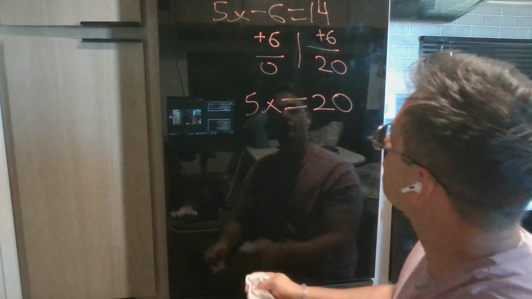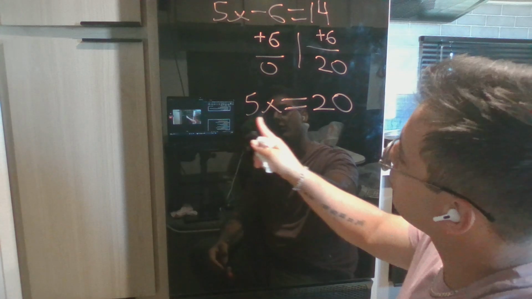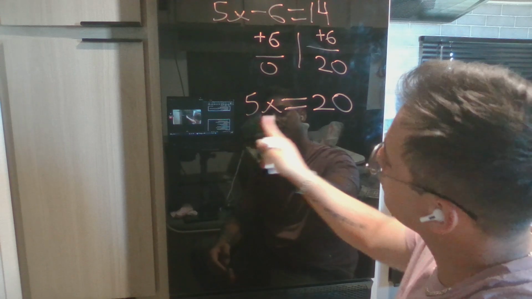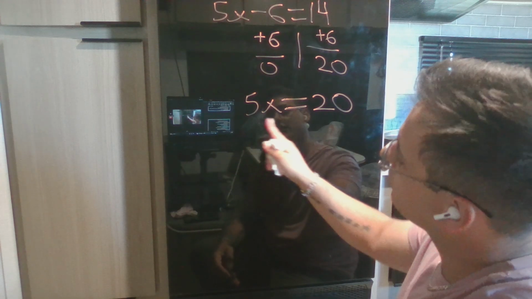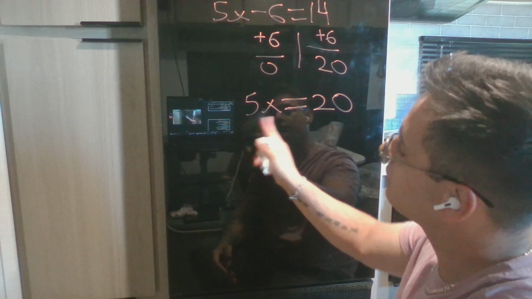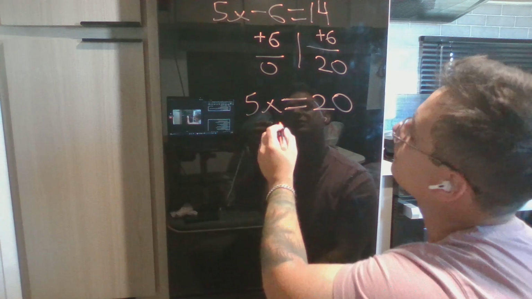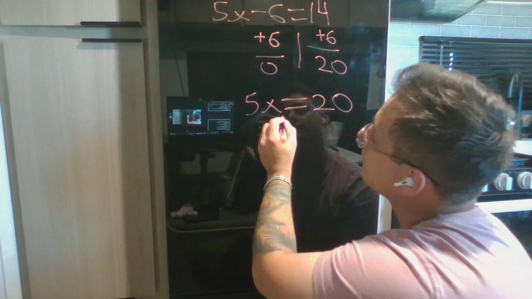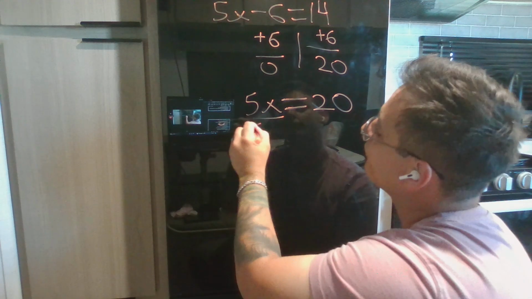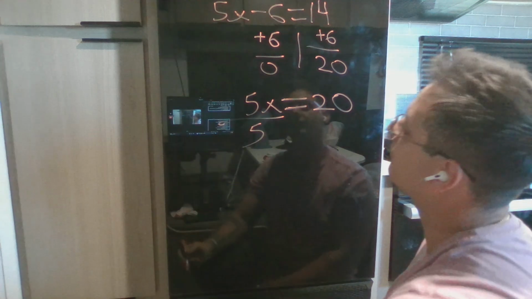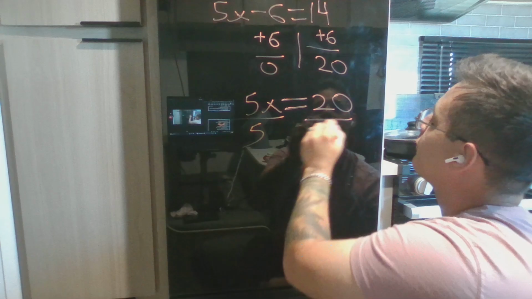Cool. 5x equals 20. So now we are doing what over here? Multiplying. So the opposite of multiplication is division. So instead of times by 5, divide by 5. 5x divided by 5. 20 divided by 5.